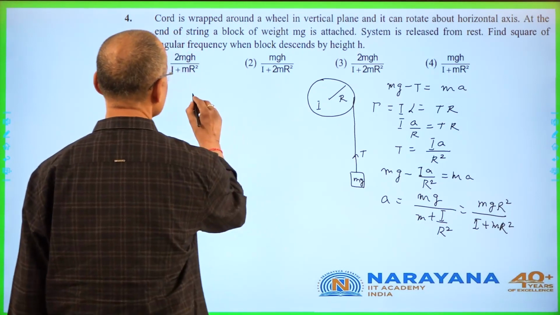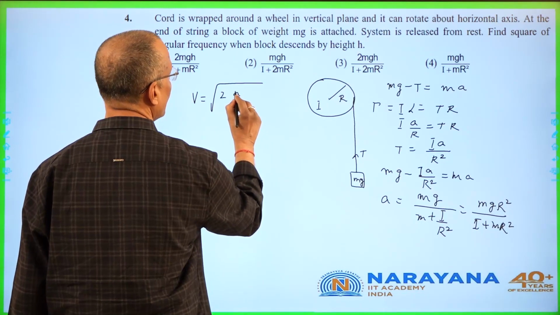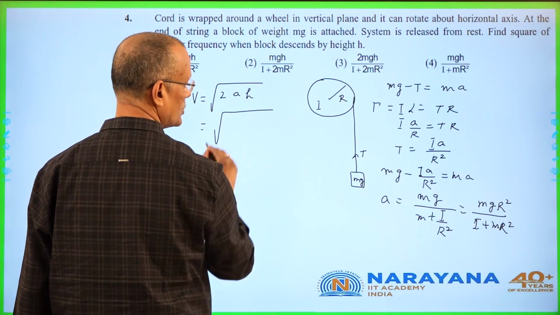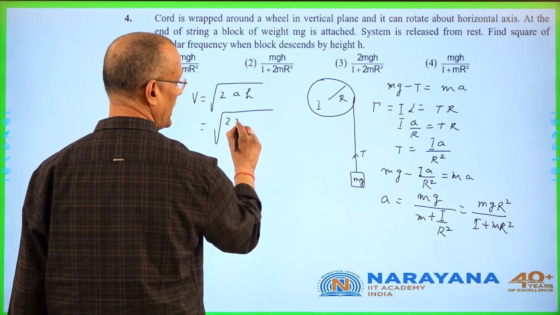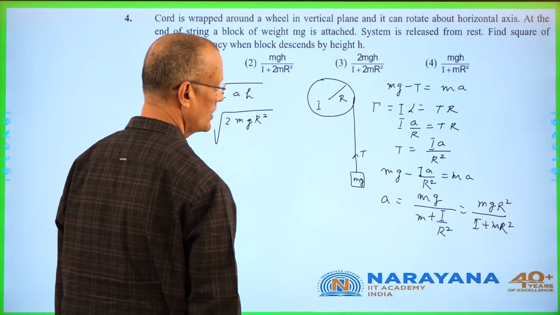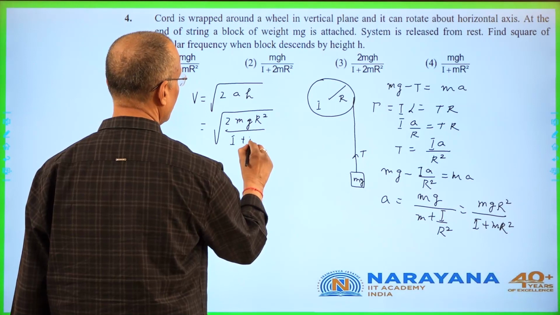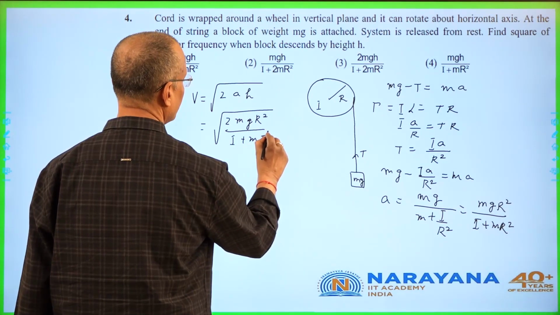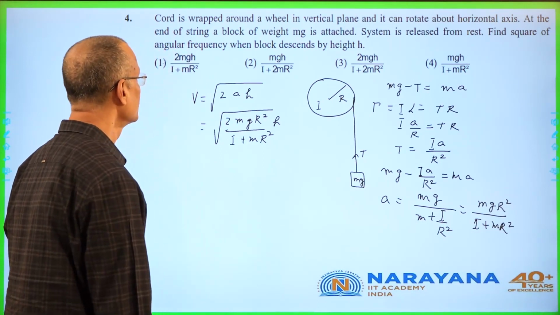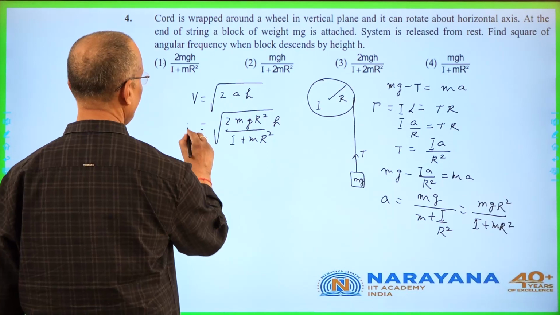So how much velocity this block will attain? Under root 2a, they are telling you h. So under root 2 mg r squared by I plus mr squared into h. So this is V. Square of this is V squared.